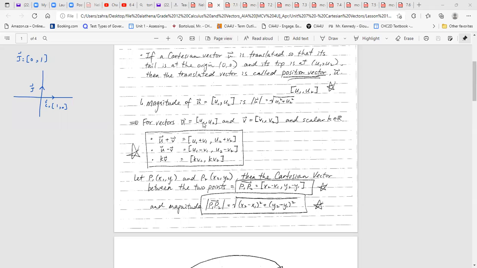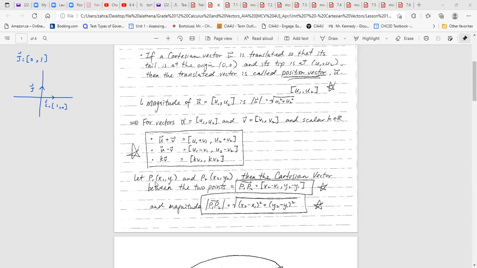When you subtract, of course, you subtract the x components, u1 minus v1, and subtract the y components, u2 minus v2. That gives you the subtraction of these two vectors. If you multiply a vector by a constant, you simply multiply the x and y values by that constant.